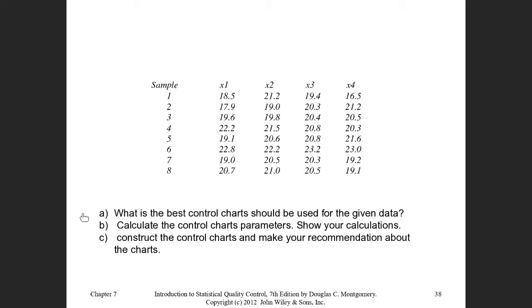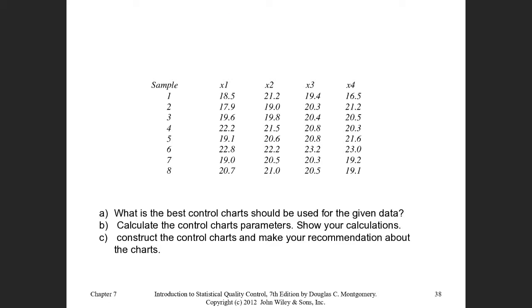So let's start. I will use the space here. The X bar equals the sum of the readings divided by 4 for every sample.